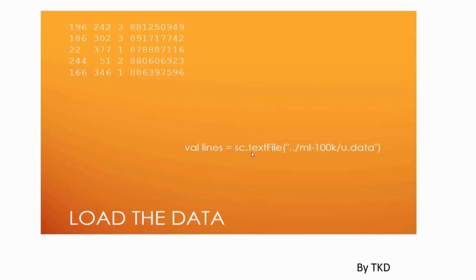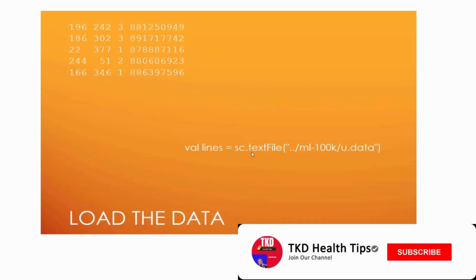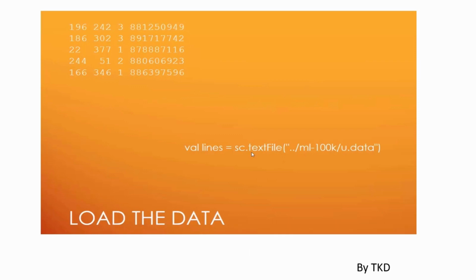If you see your screen at the top, that's what the input data looks like. The format is user ID, movie ID, rating, and timestamp.